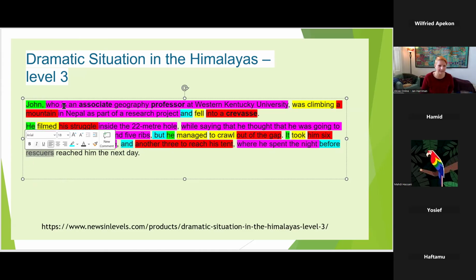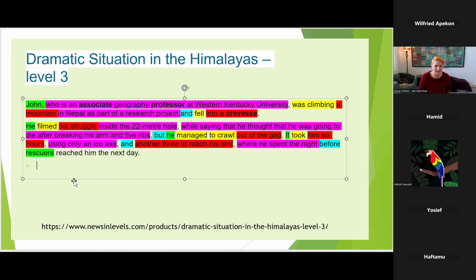So "rescuers" is the subject. Where's the verb? Reached. Yes. Perfect.